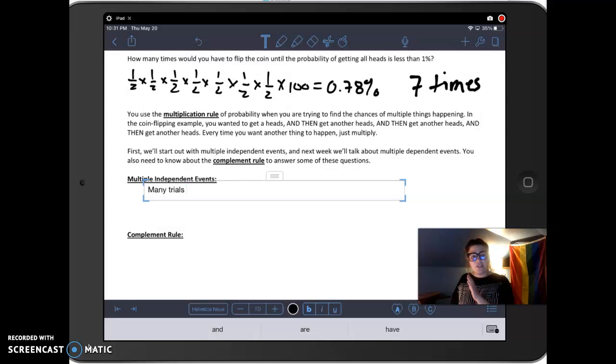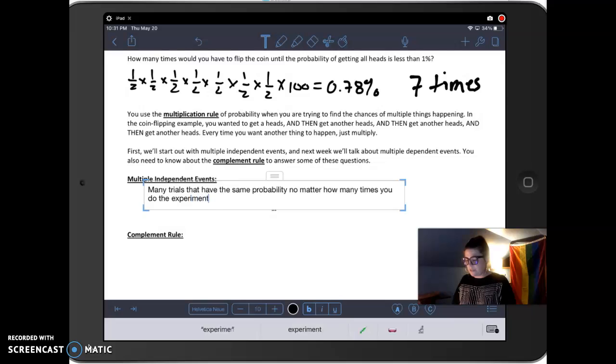And the idea of independent is that as they happen, the ones that happen before do not influence the ones that happen later, that have the same probability no matter how many times you do the experiment.